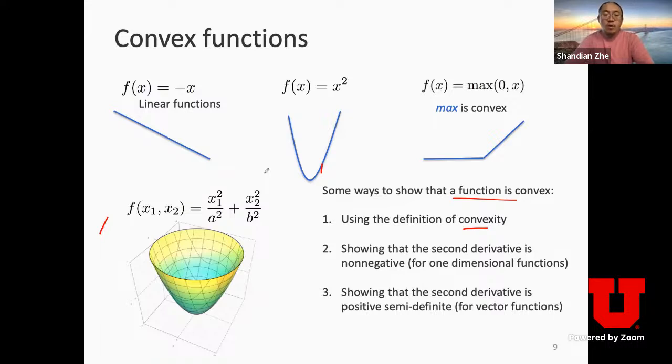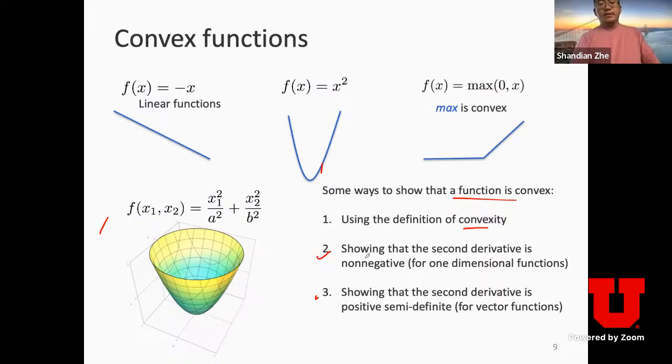The more commonly used methods are to look at the gradient and also the Hessian. If your function is twice differentiable, and it's just a one-dimensional function, meaning that your input is just a scalar, then you can calculate the second derivative.